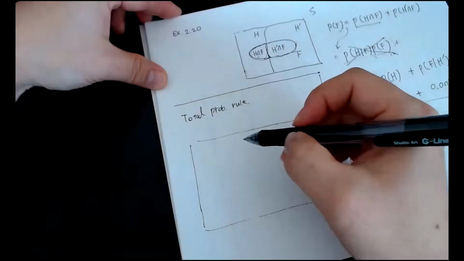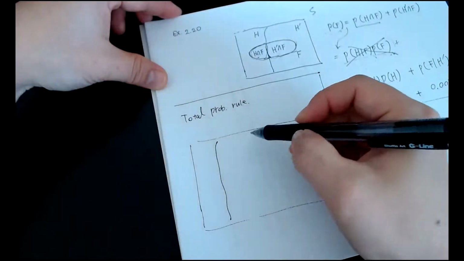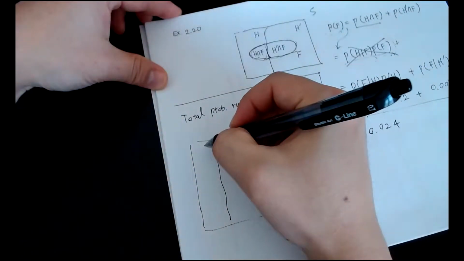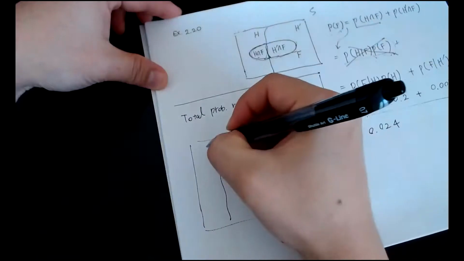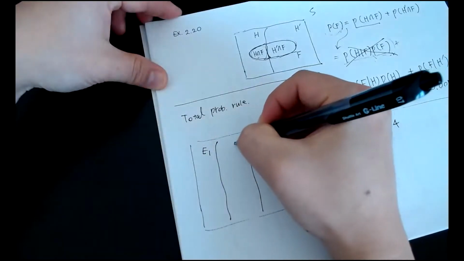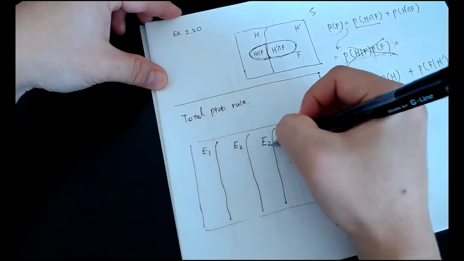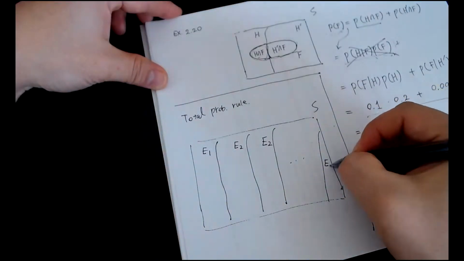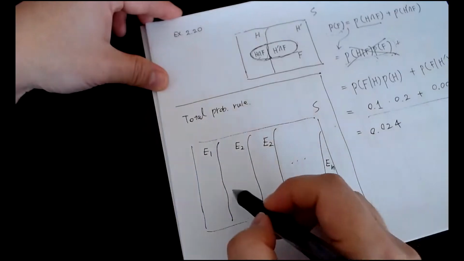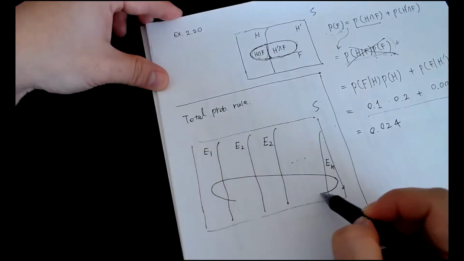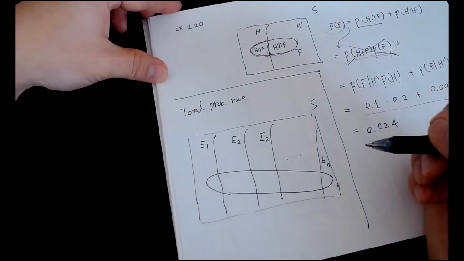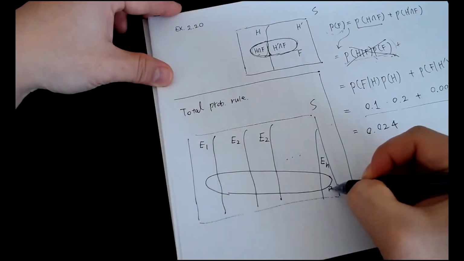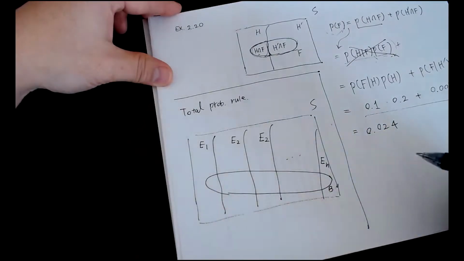So think about the multiple events in the sample space right here. This is E1, E2, E3, through En. And event B can be right here across E1 through En.